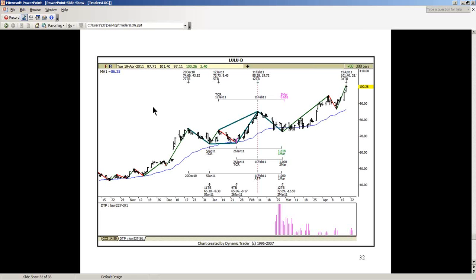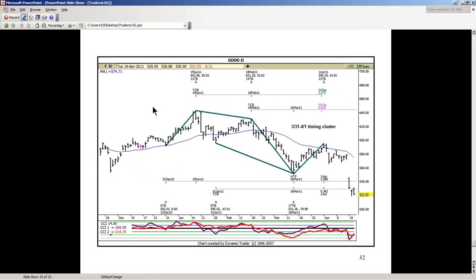Okay, Google, this is an example of timing in Google. It's where I took a prior high-to-high swing. We had one cycle come in on March 31st. Let's see, then I measured the next high-to-low swing. I had another cycle that came in on the 31st.